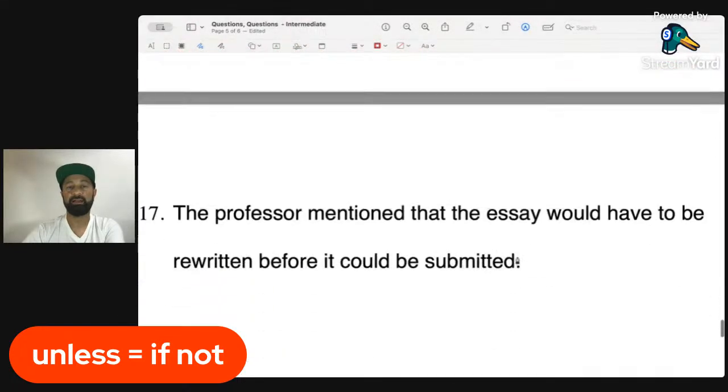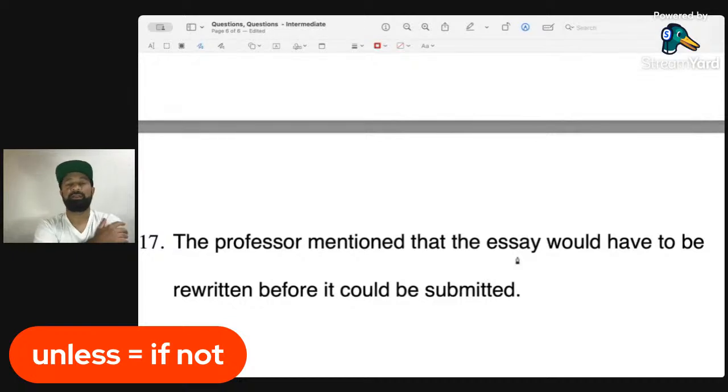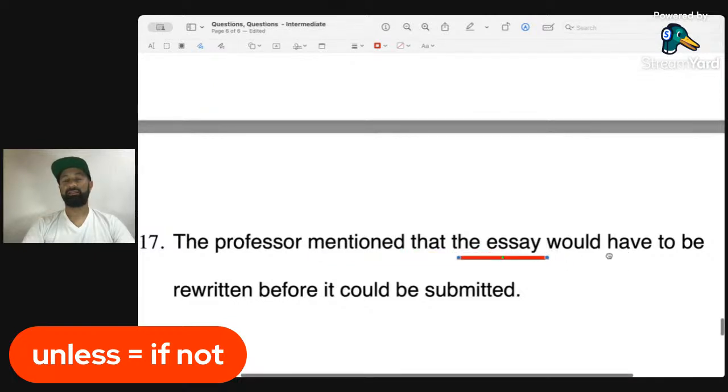Okay, let's look at number 17. The answer is: the professor mentioned that the essay would have to be rewritten before it could be submitted. I would use that for my question. The answer, I would say, is here. The essay would have to be rewritten.